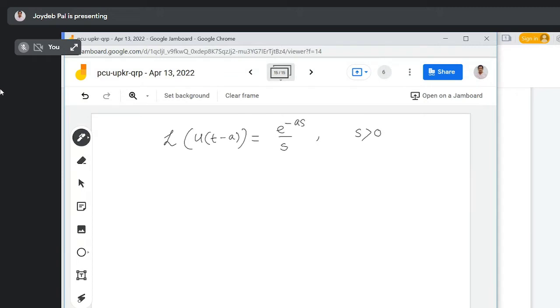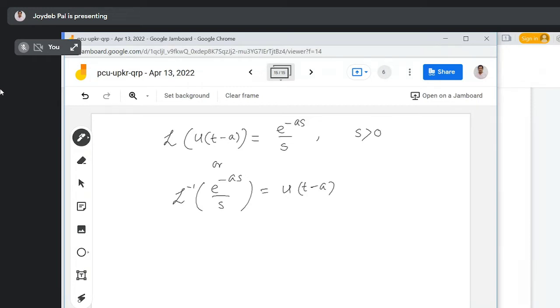Similarly, from that we can derive the Laplace inverse formula. So the Laplace inverse of e to the power minus as divided by s is equal to u(t minus a).